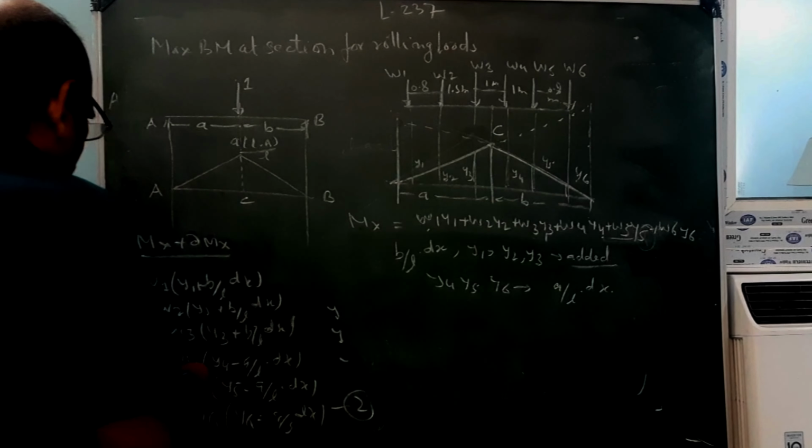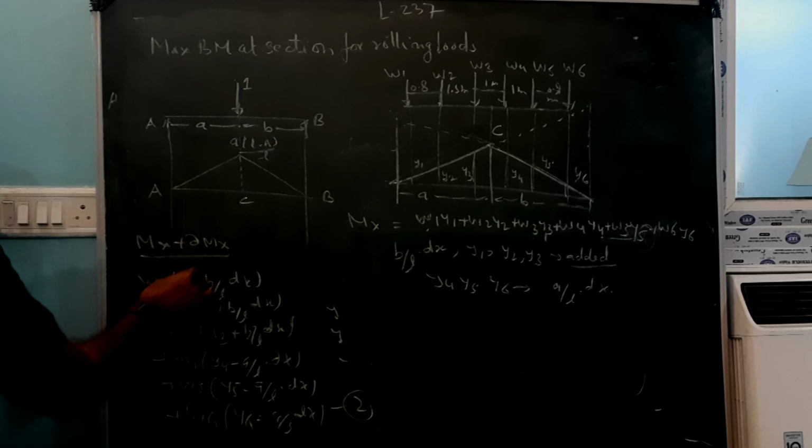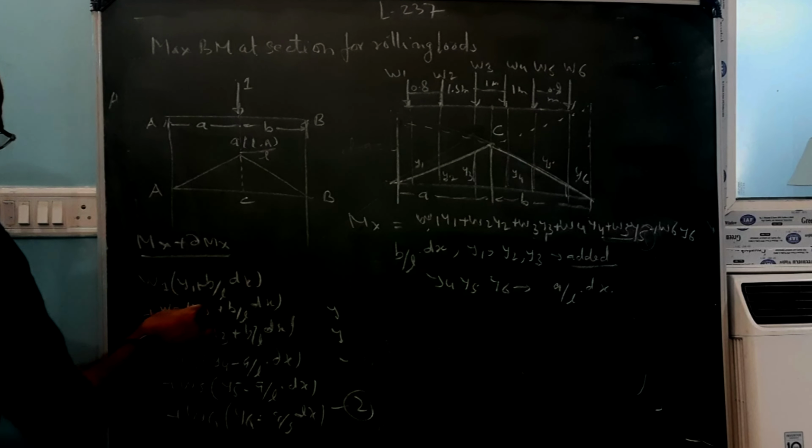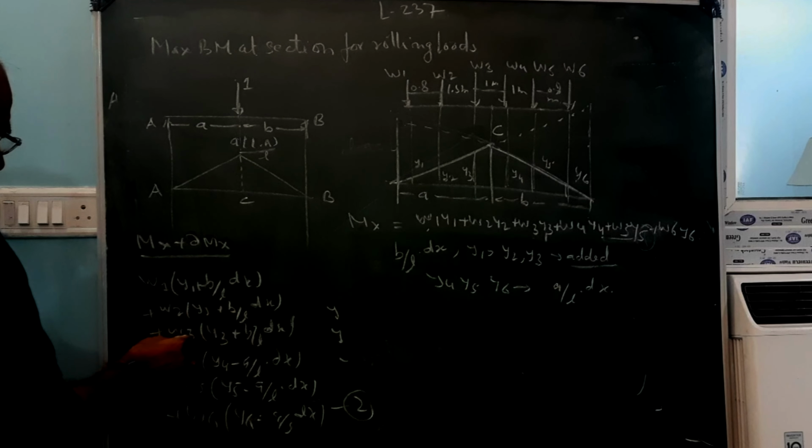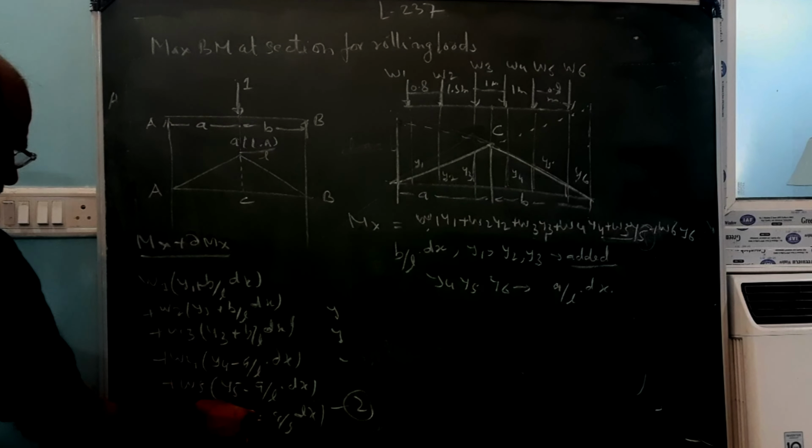So this will be your mx plus dmx is equal to y1 plus b by l, w2 y2 plus b by l, w3, and the rest will be y4 minus a by l this.